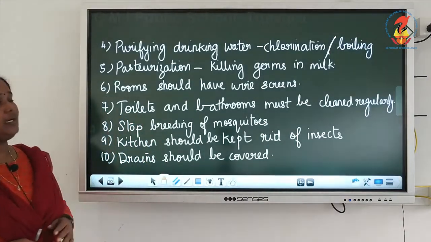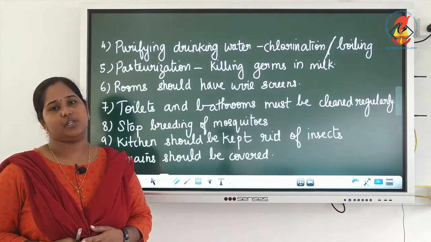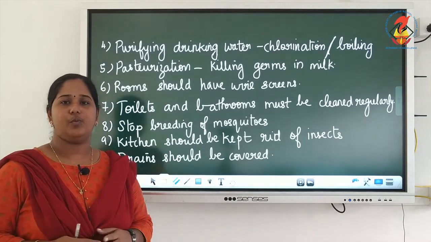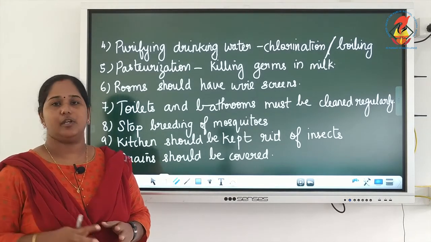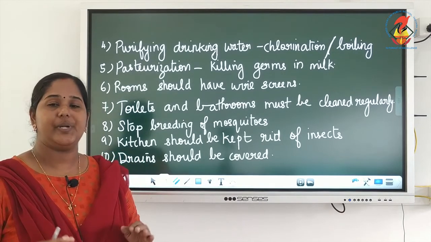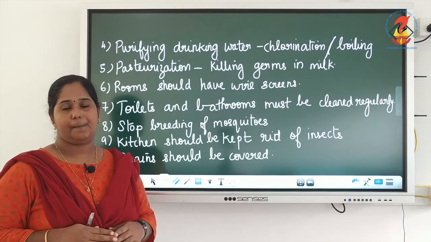The next method is having wire screens at your home, in the rooms. We know that everywhere there are mosquitoes and mosquitoes are the best carriers of germs. So wherever we find stagnant water, just pour it off so that mosquito does not breed. Mosquitoes normally breed in stagnant water.